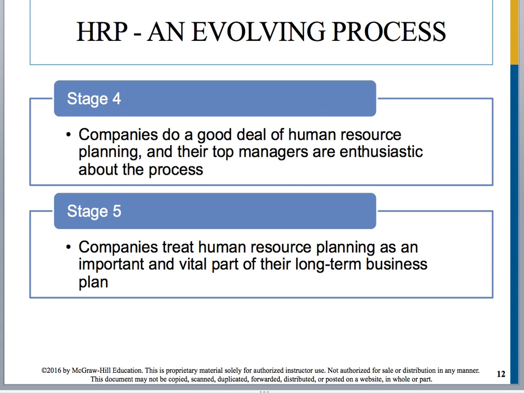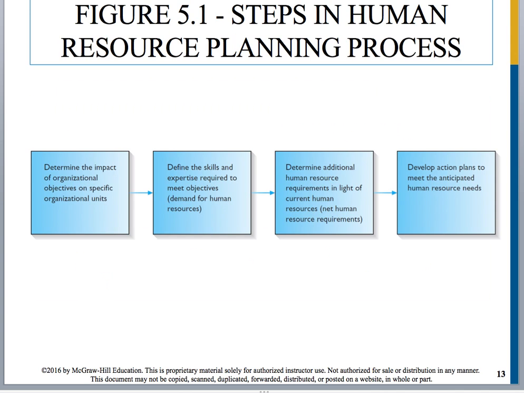It is literally embedded within the business plan. And so when you have that stage 5 experience, that means you have top, middle, and frontline involvement and engagement. HR is now deeply embedded, which means all of your employees are deeply embedded and considered in the process.